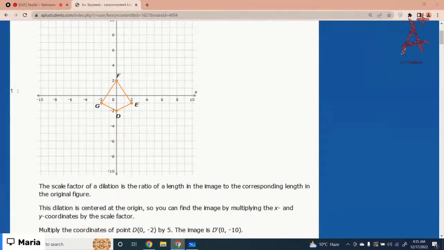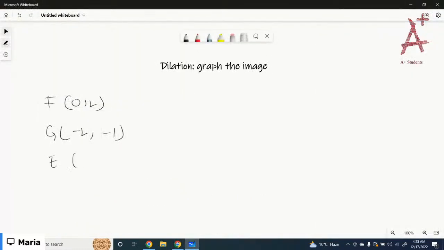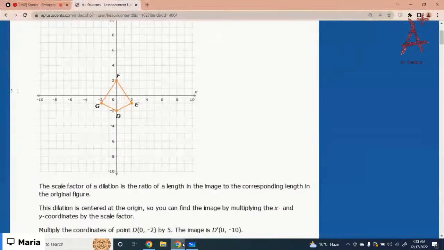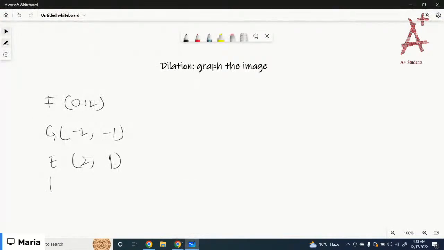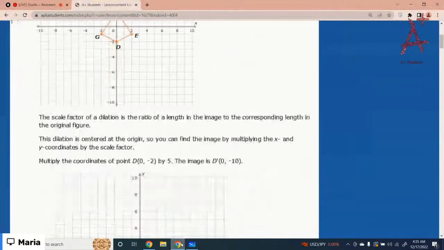E is 2, 1. And the coordinates of D are 0 and -2. Got it? You have to dilate the figure by the factor of 5.